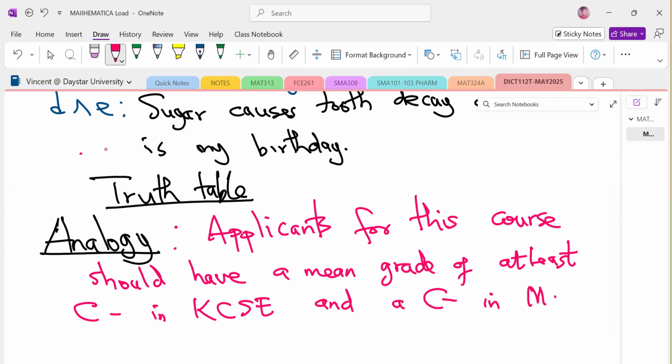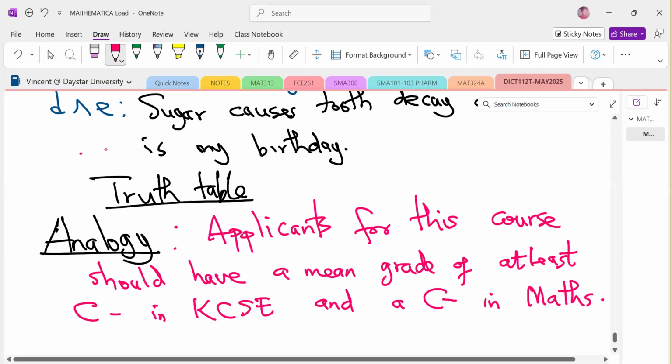Okay, it may not have been exactly this one, but let's assume this is the condition. Applicants for this course should have a mean grade of at least C minus in KCSE and a C minus in mathematics. All of us should understand that when the description of a course says a C minus in mathematics, then anyone with a C minus and above will still be admitted to that program.